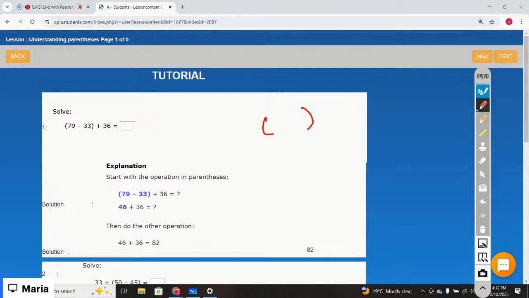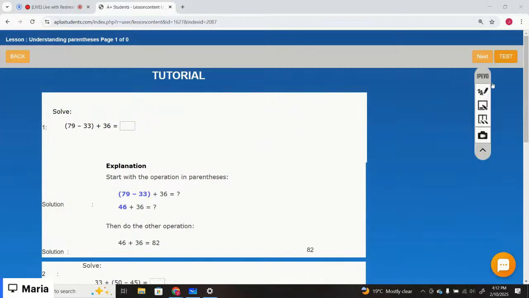So you need to subtract first. 79 minus 33 is 46. 46 plus 36 makes 82. Let's just start with the test questions.